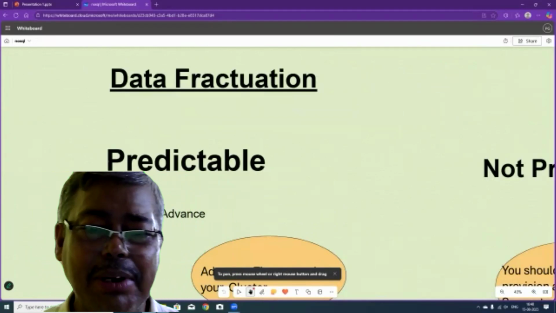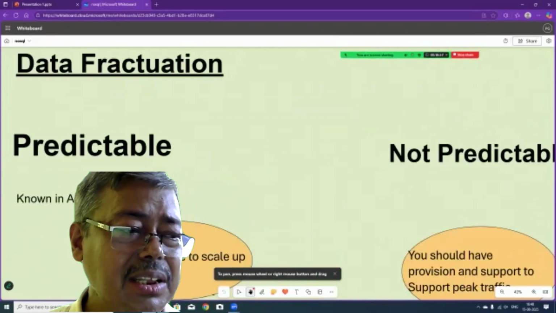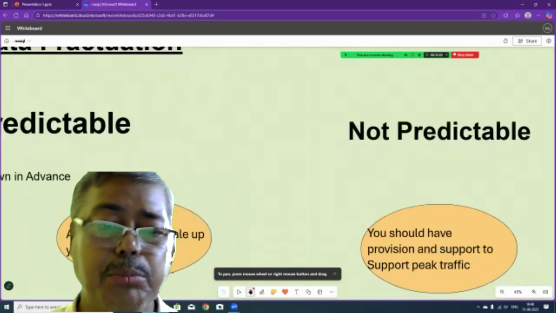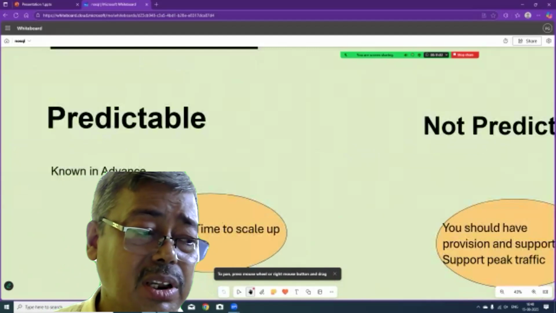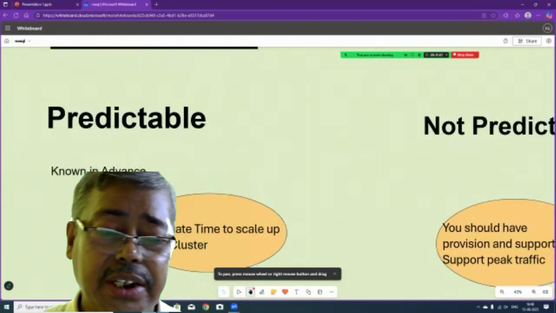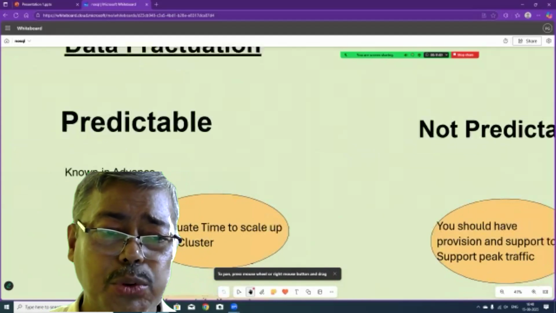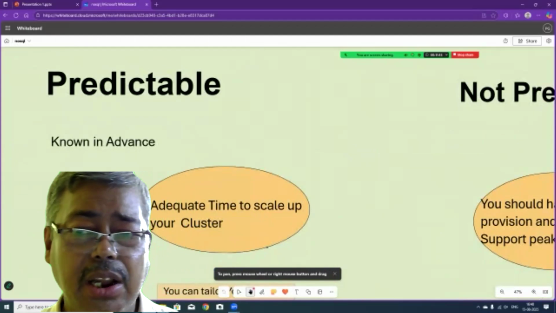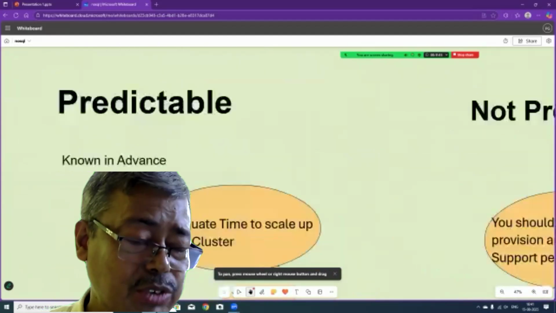But if it is not predictable, it is unlucky. We have no problem in both cases also, if we keep the network system ready for this purpose. Network system, we have to take care of the system to avoid this predictable and not predictable data fluctuation.